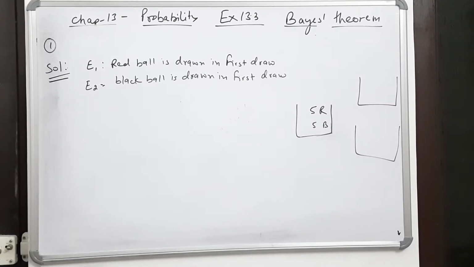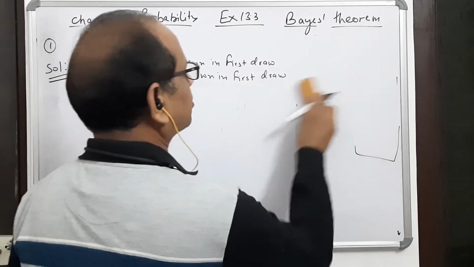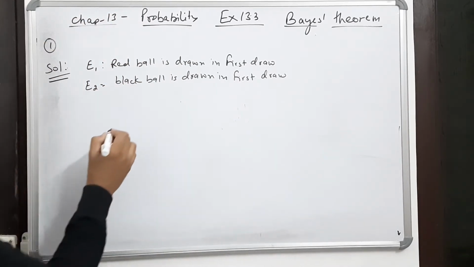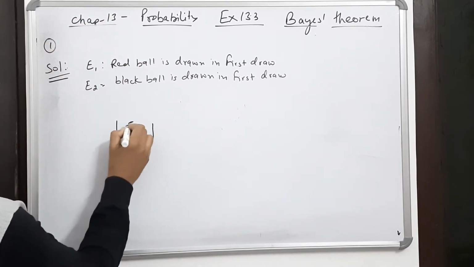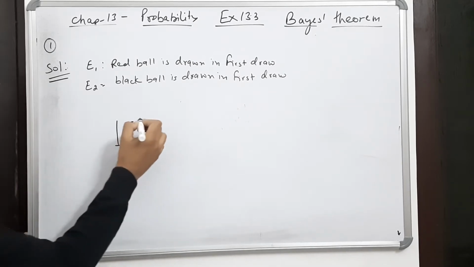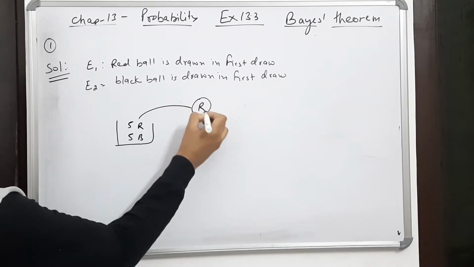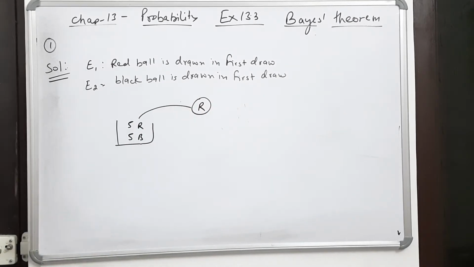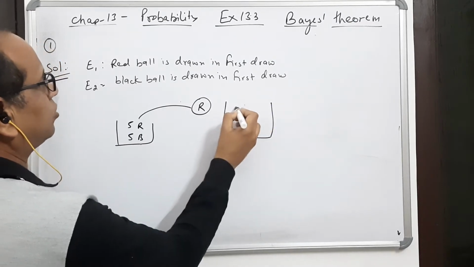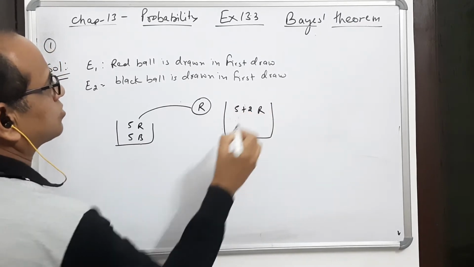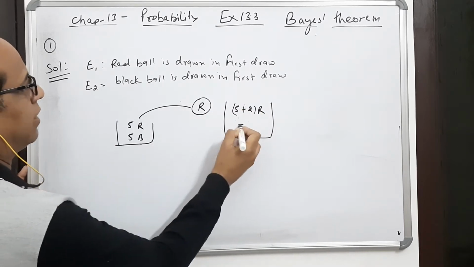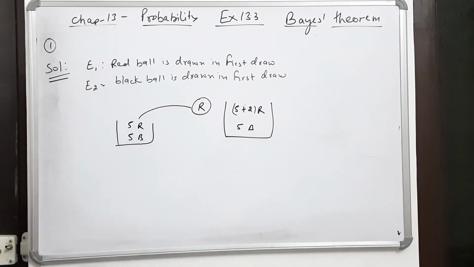You can understand this concept like this: there is an urn containing 5 red and 5 black balls. Suppose a ball is drawn and we find that it is red. Then two additional red balls are put in the urn, so now the red balls will be 7 and black balls will be 5.